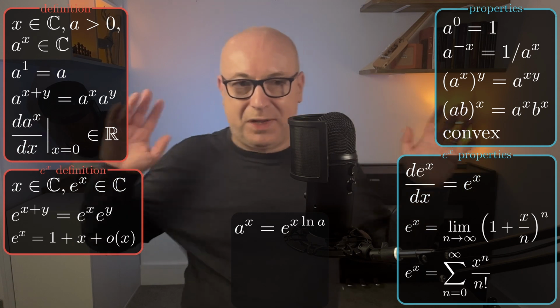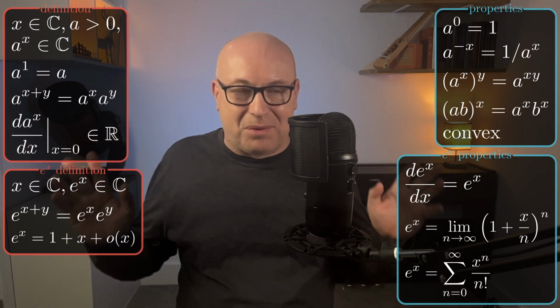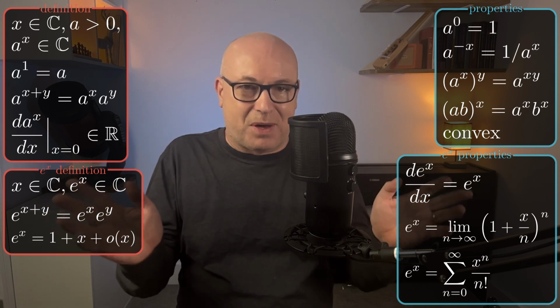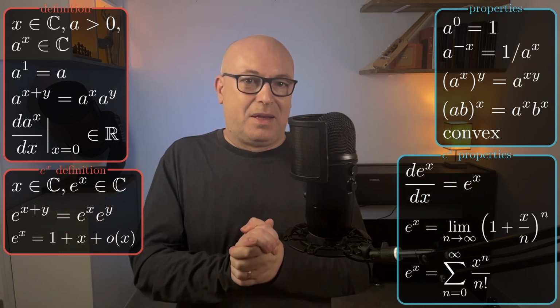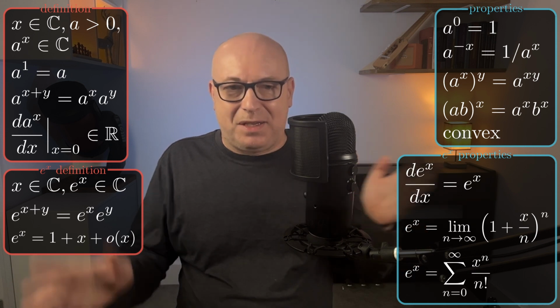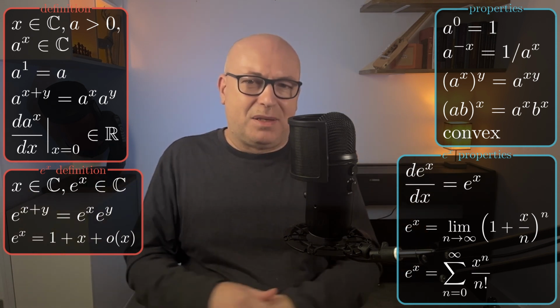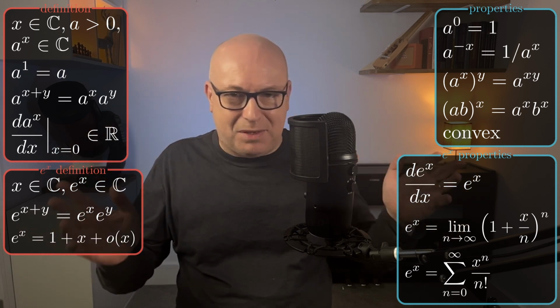Okay, so we've finished. We have now defined e to the x, a to the x for general complex exponents x. But what does it look like? What do these exponentials look like? Well, as any complex number, it splits into real and imaginary parts.